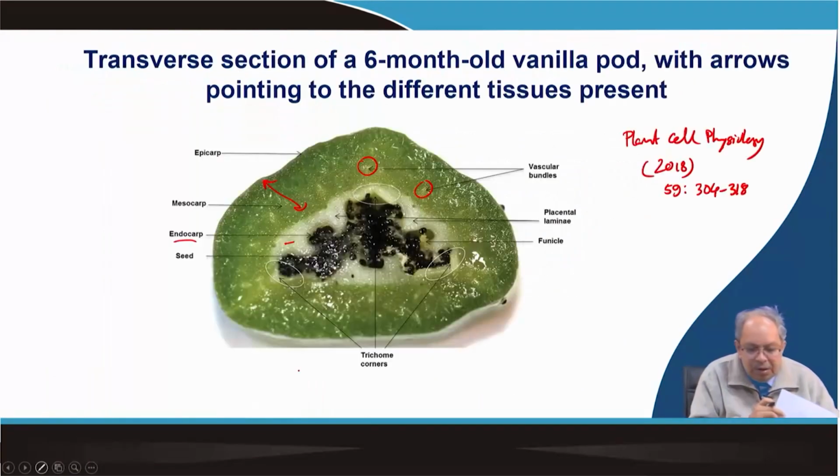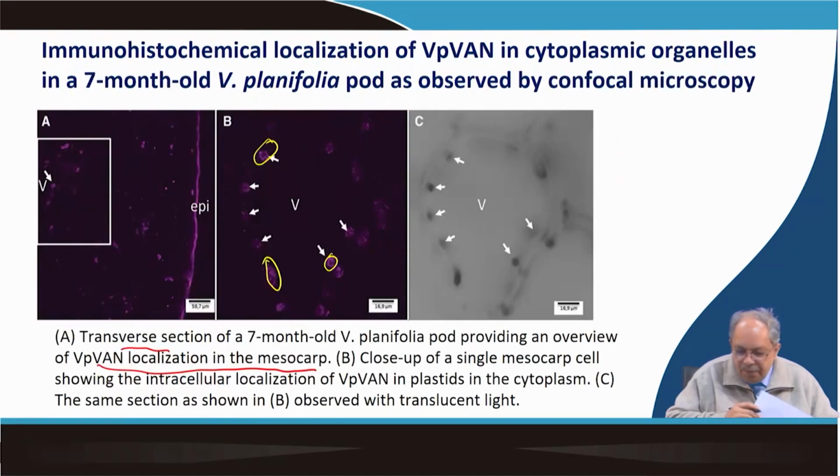So, the mesocarp is the thick portion. So, here is where VpVAN localizes, and that is also localized in the plastids, so that is in brief about the outcome of the latest research, where you can also see the localization of the targeted enzymes.